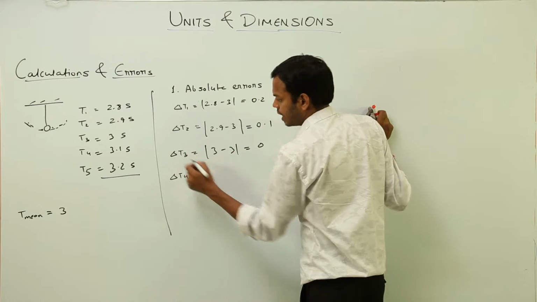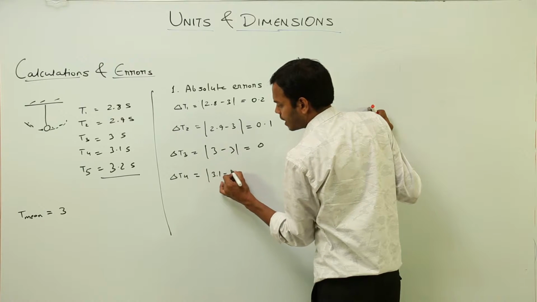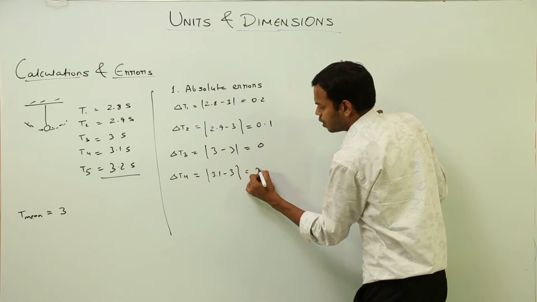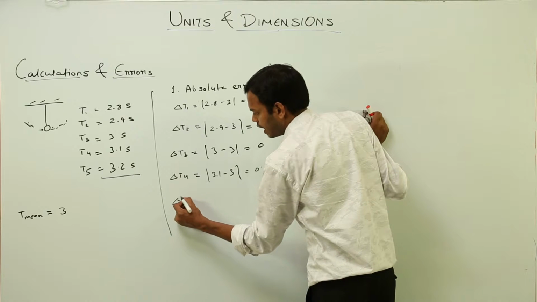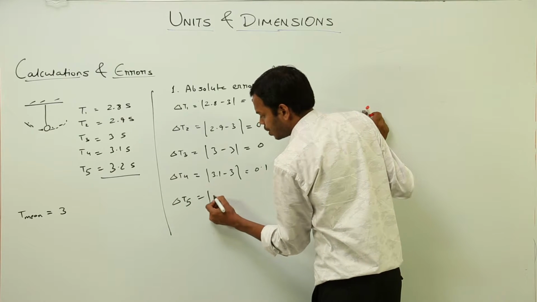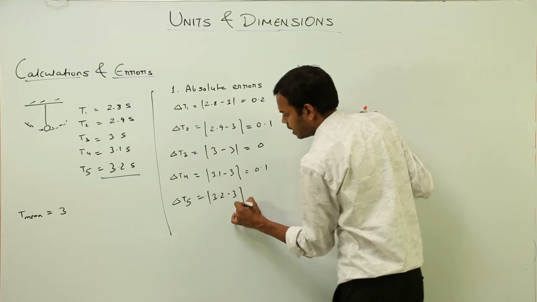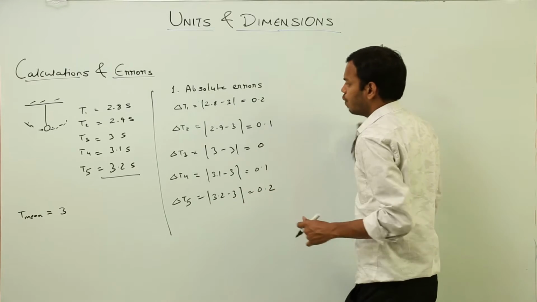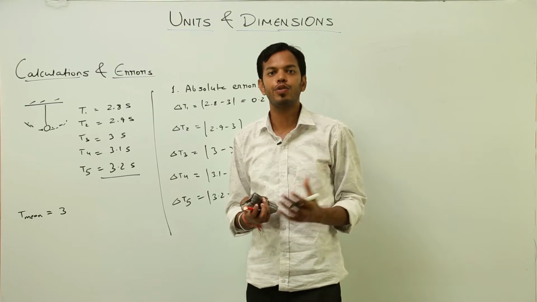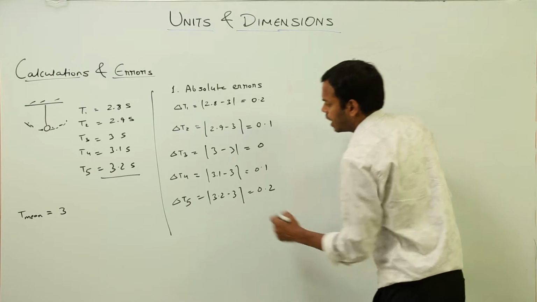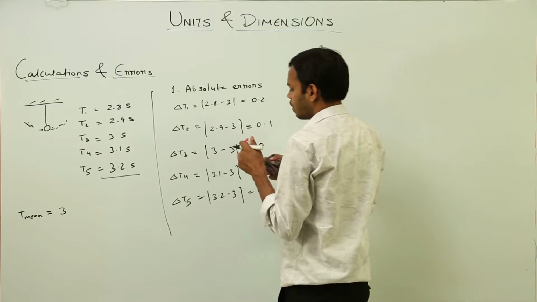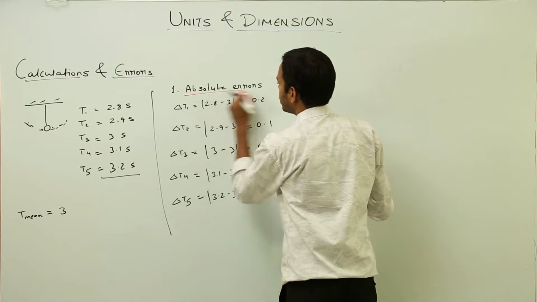Delta T4 is 3.1 minus 3, which is 0.1, and lastly delta T5 is 3.2 minus 3, which is 0.2. So we have got all the individual absolute errors.